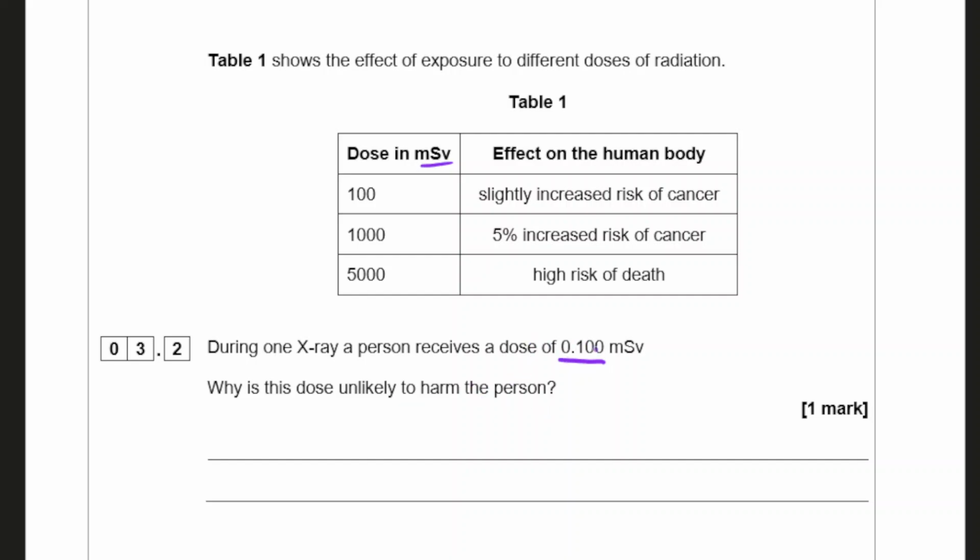Well, it's much less than 100, right? In fact, if it was 100 times lower, it would be just 1. 0.1 is 1/10 of 1.